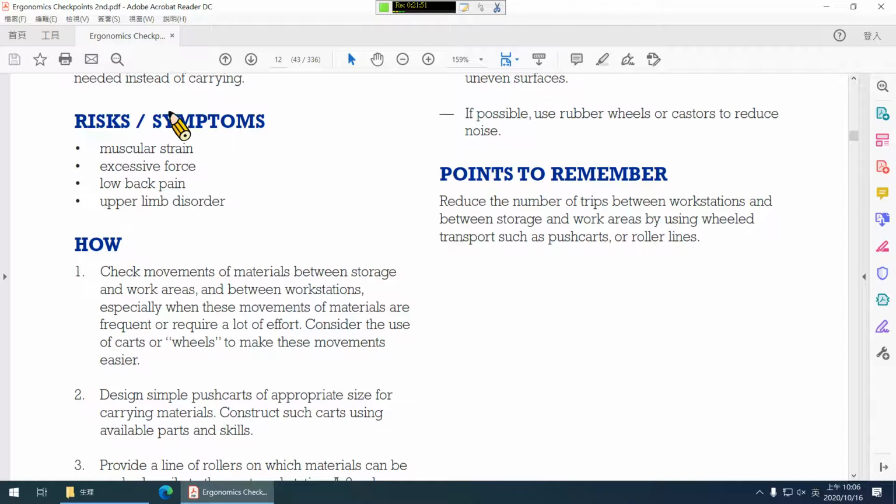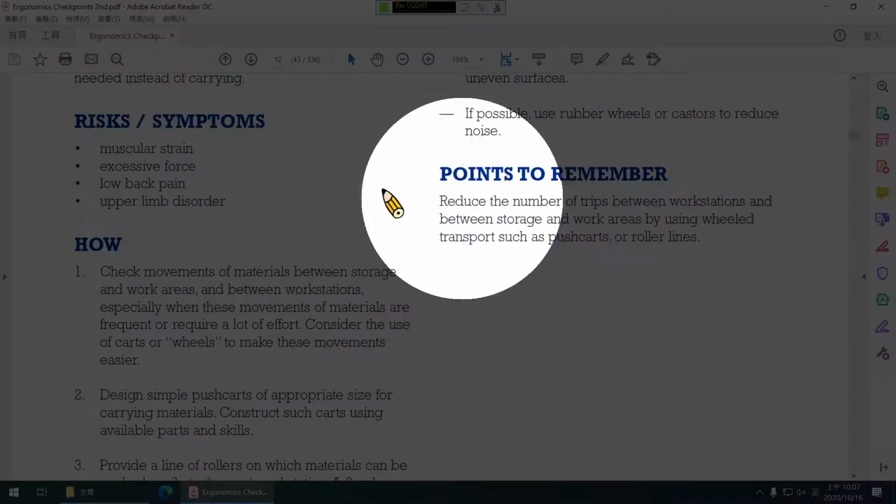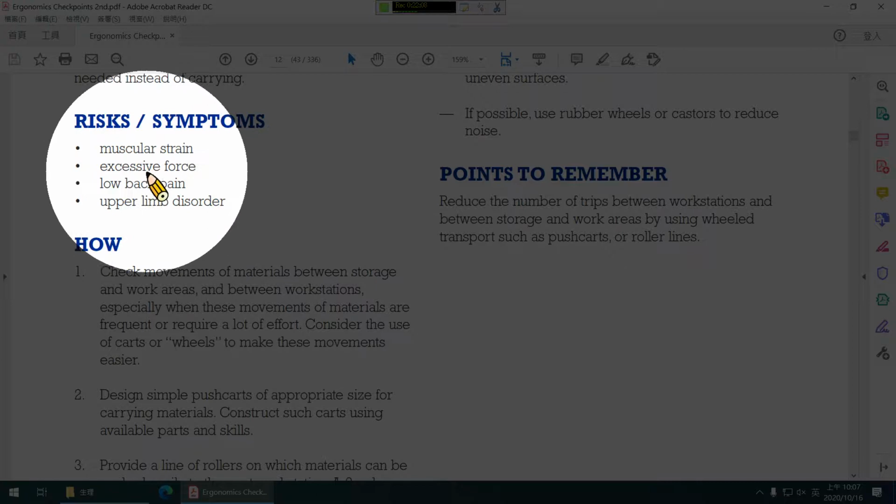Again, as you can see, that's what they call the main ergonomics hazard: muscular strain, excessive force, low back pain, upper limb disorder.